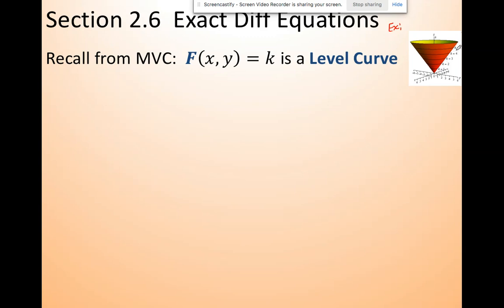But if we said the function was equal to a constant, it was like all these slices: k equals 1, k equals 2, k equals 3. And if we look down from the bird's eye view, from the z-axis, we would see all our level curves here on the xy plane. Remember that?